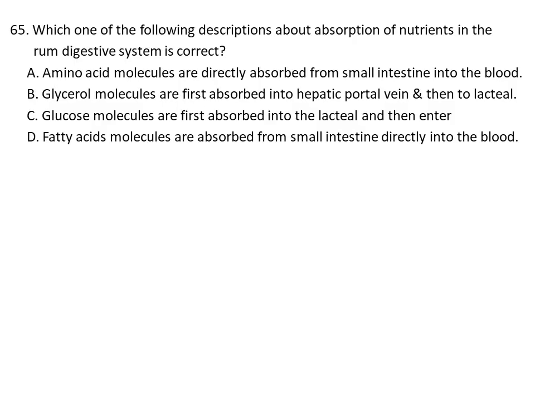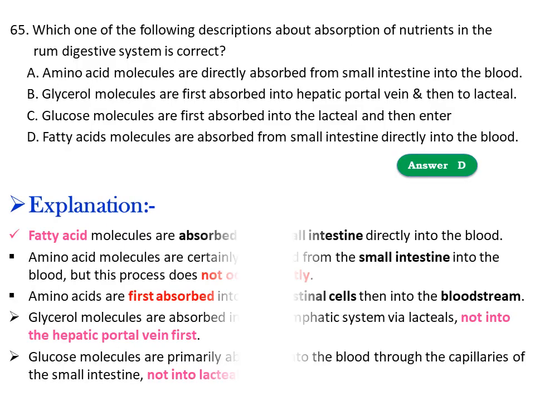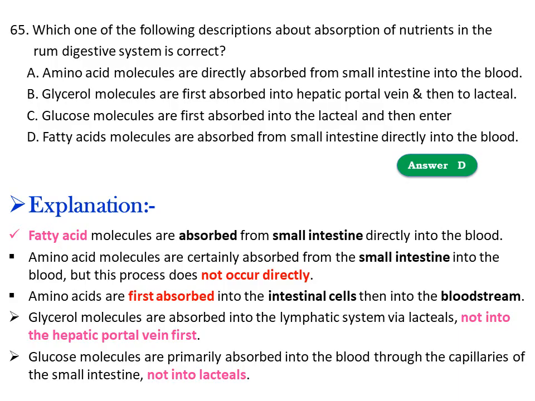Question number 65. Which of the following descriptions about absorption of nutrients in the human digestive system is correct? So the answer will be D. Fatty acid molecules are absorbed from the small intestine directly into the blood.